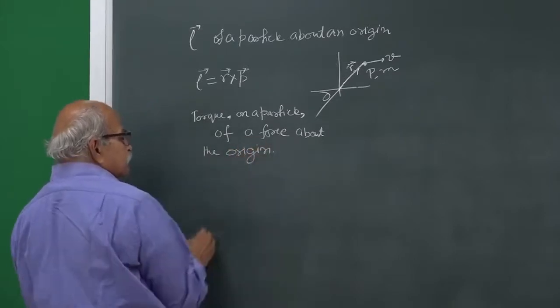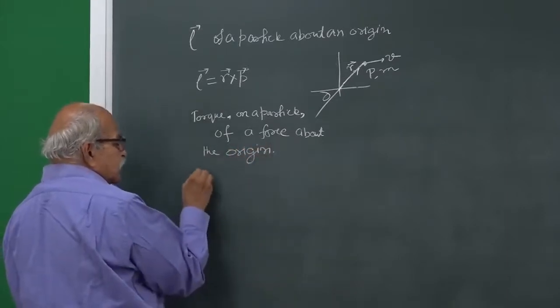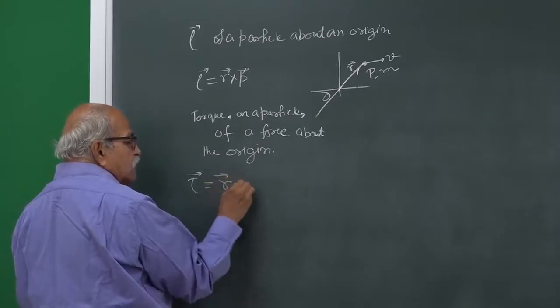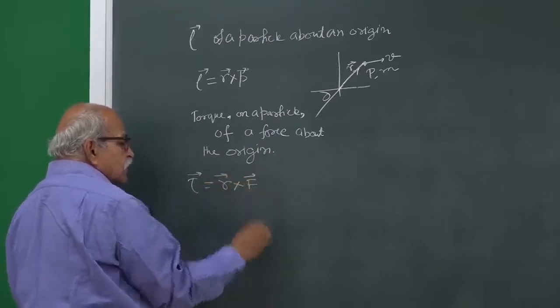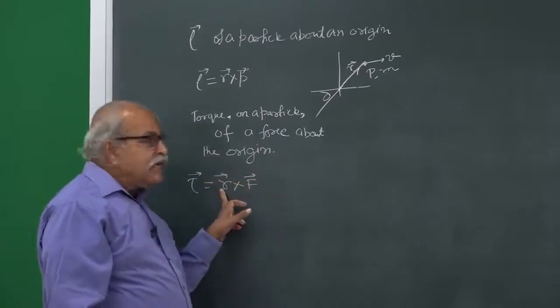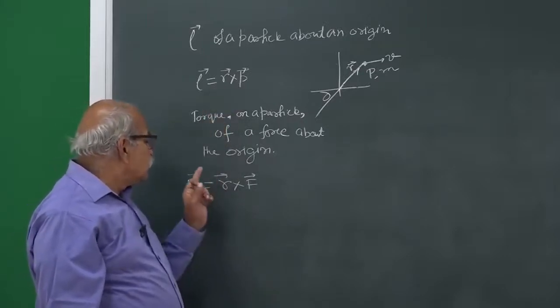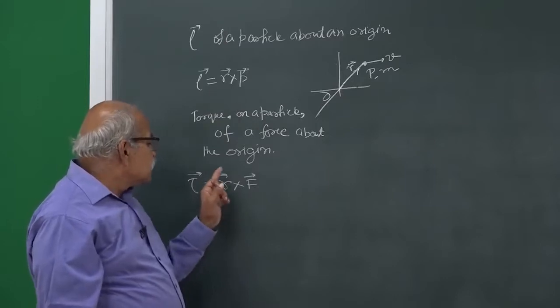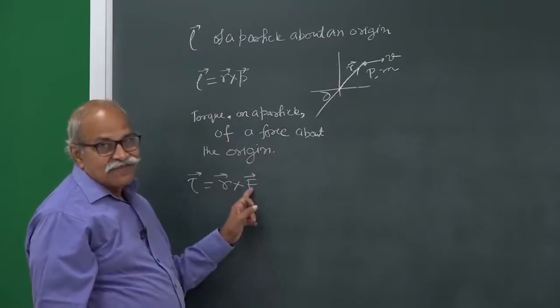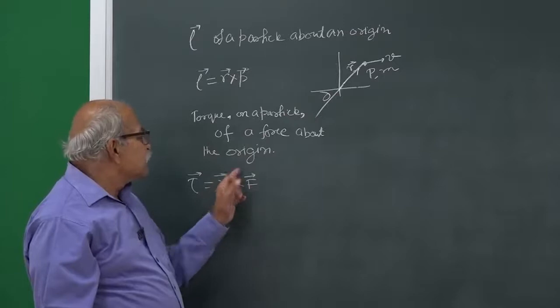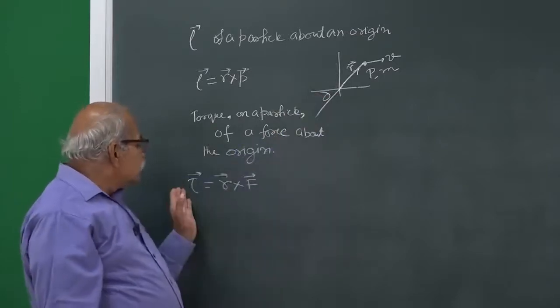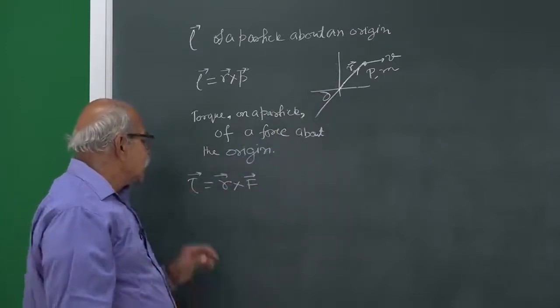So, this is important, and then we say that torque is r cross F. This r is the same as this r. This is the position vector of the particle on which this force is acting, and this position vector is taken from the same origin, and then we call this torque about that point.